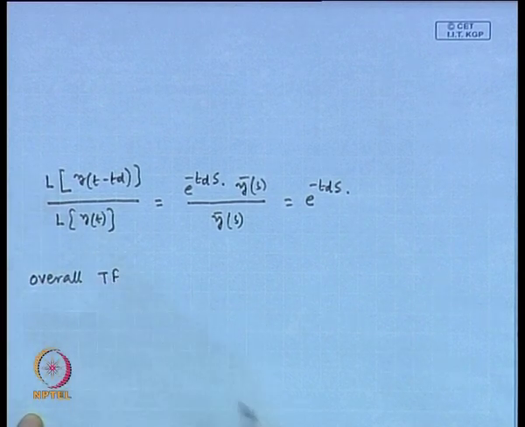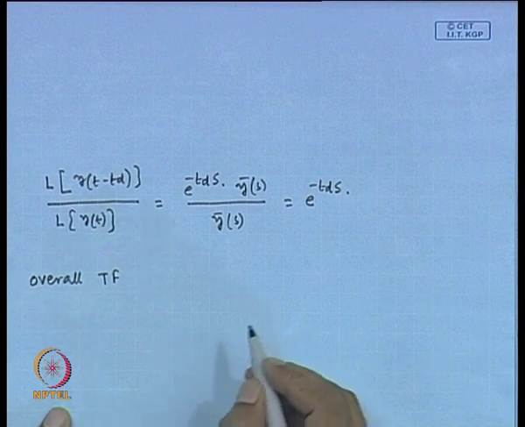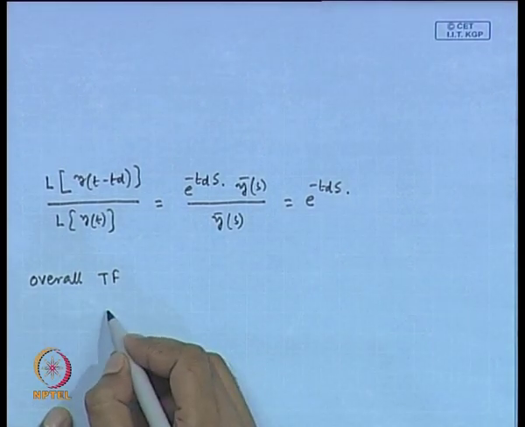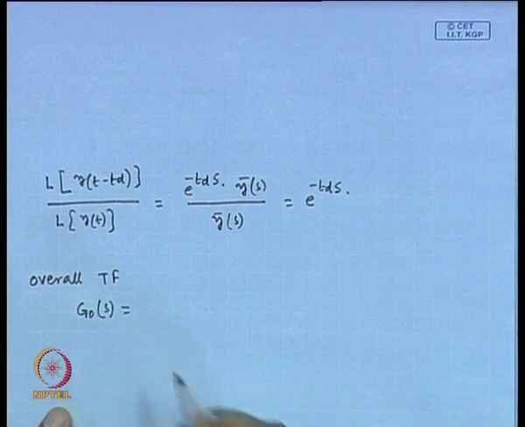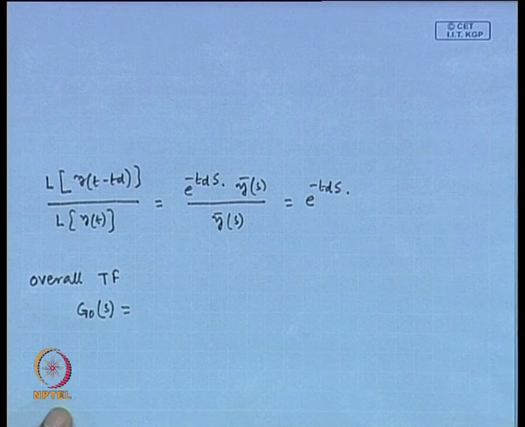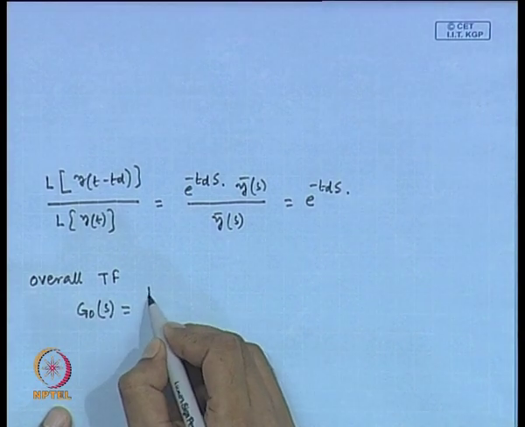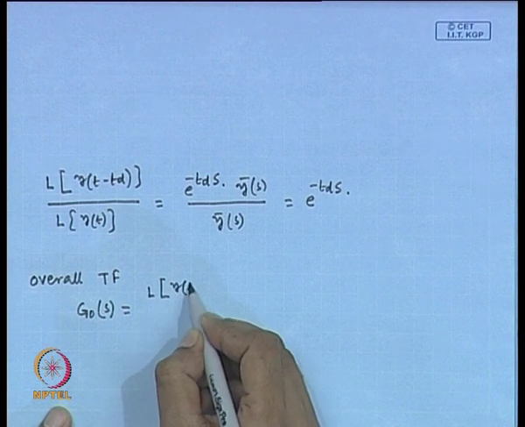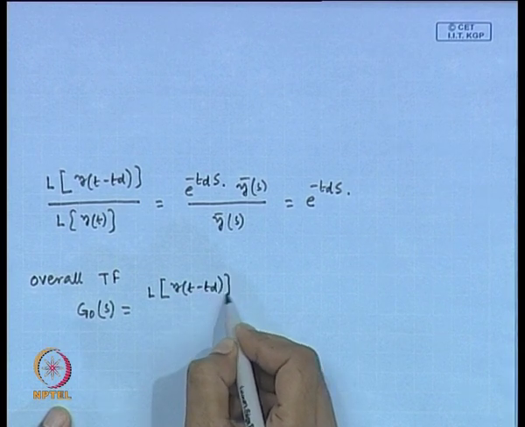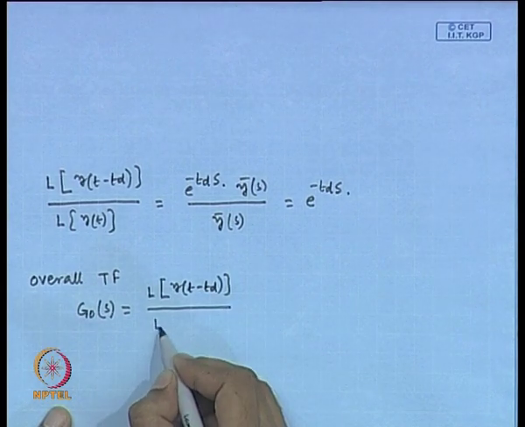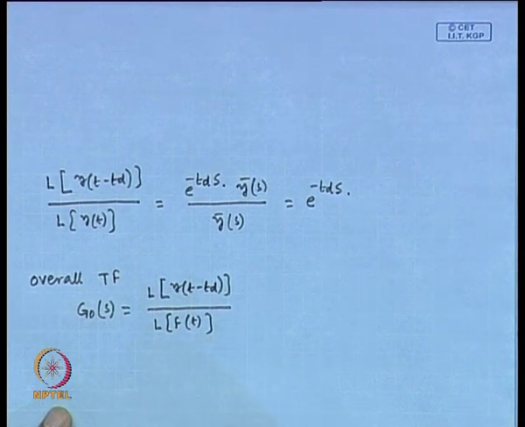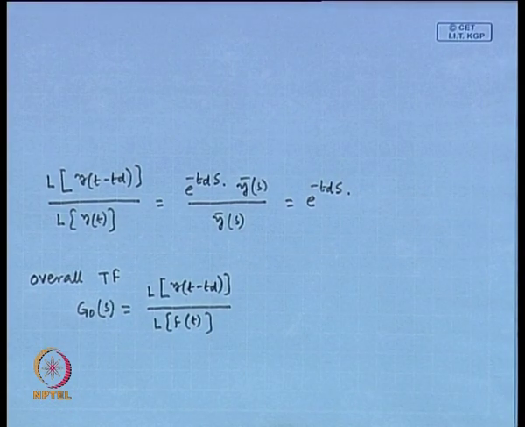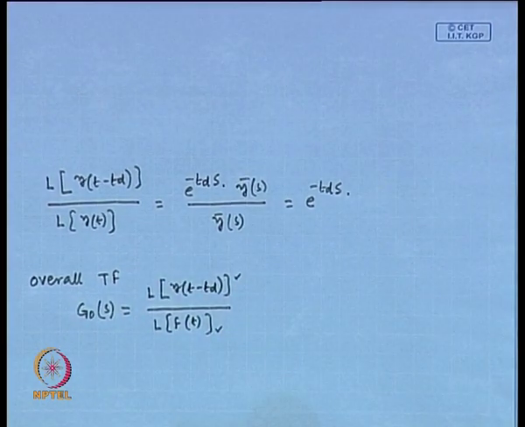If we represent the overall transfer function by G naught s, then G naught s equals Laplace transform of y(t minus td) divided by Laplace transform of f(t). Agree? This is the output of the overall system and this is the input of the overall system in Laplace domain.